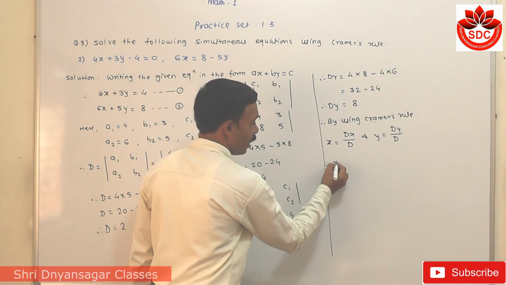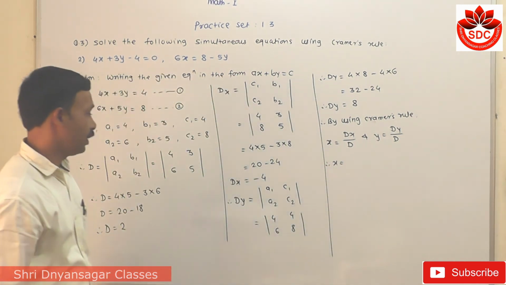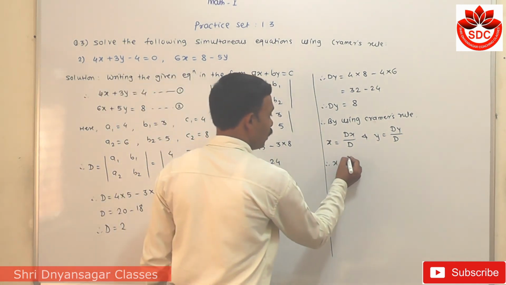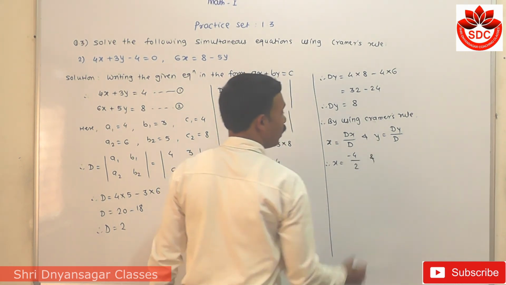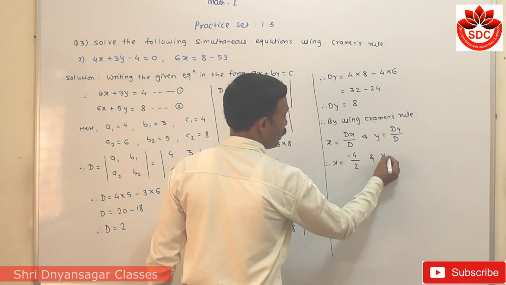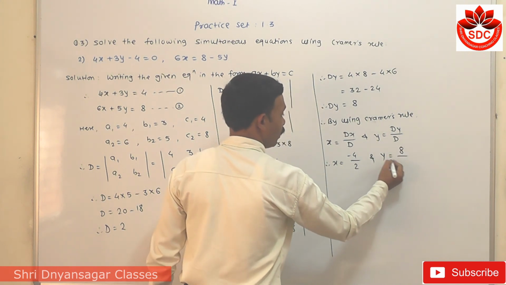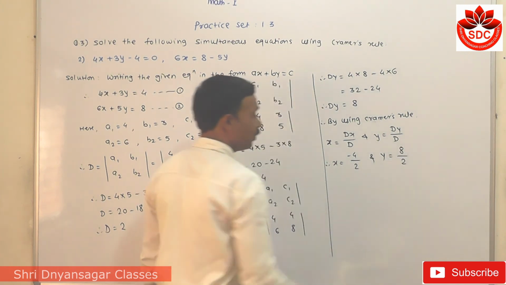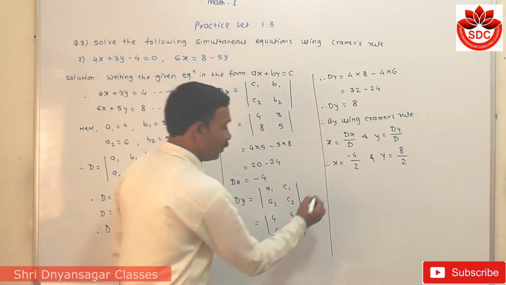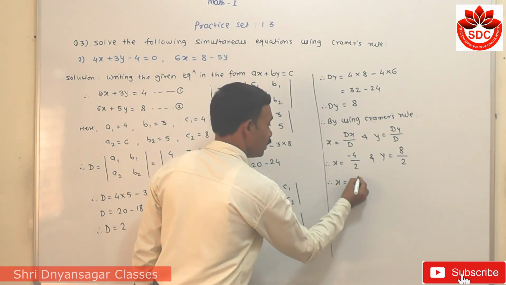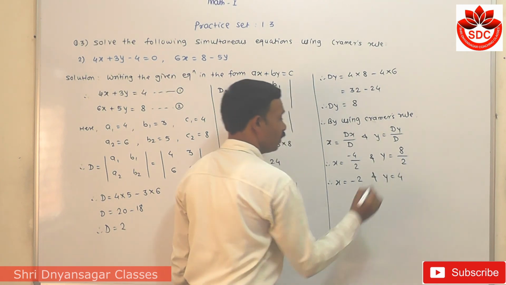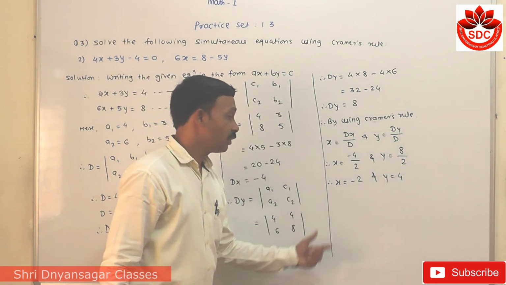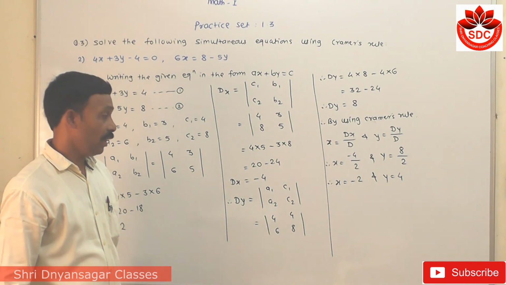Substitute the values. x is equal to the determinant of x, minus 4, upon d, which is 2, and the value of dy is 8 and the value of d is 2. We can simplify by using 2. Therefore, x is equal to minus 2 and y is equal to 4. This is the solution of the given example.